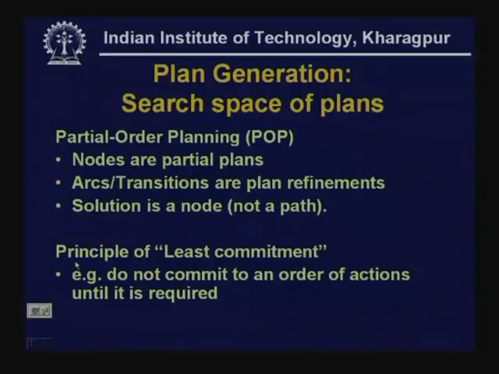The solution to the planning problem is a partial plan. So, the path to the solution is not important, because all the relevant information is captured in the partial plan, which is a node in this search problem. That is, we obey the principle of least commitment. We do not commit to any ordering of the actions which is not required.